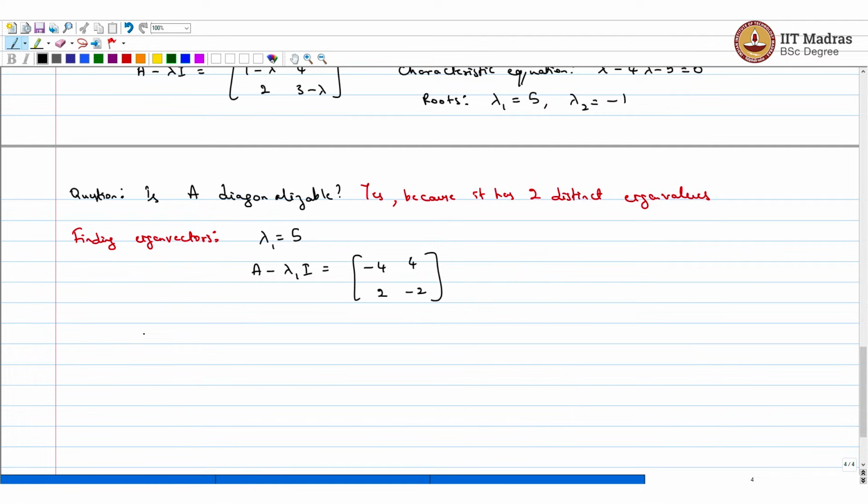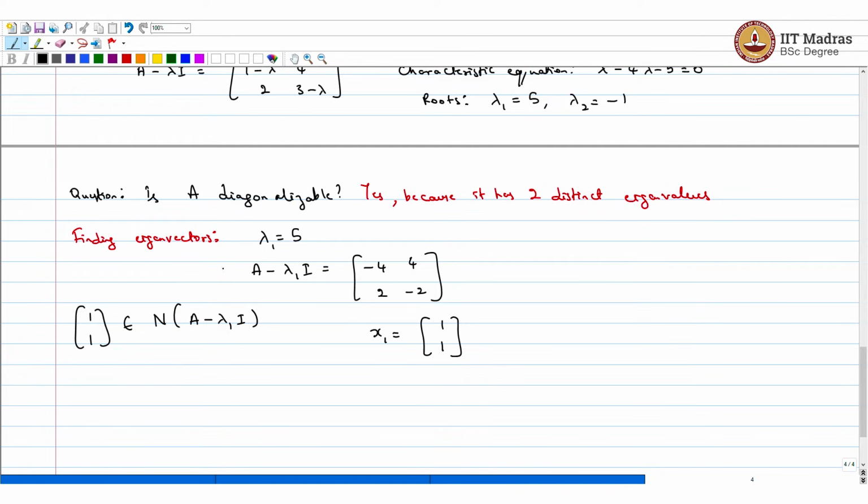Now, what is the null space of A minus lambda 1 I? If you look at it, if I just add the columns, that's enough. So, x1 is 1, 1.